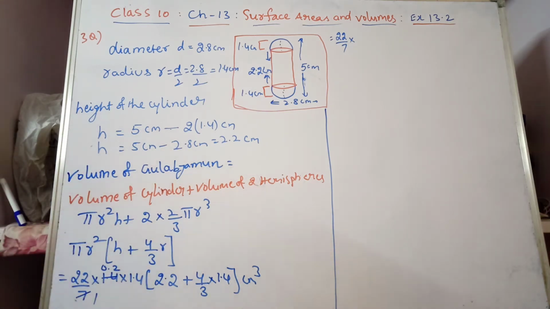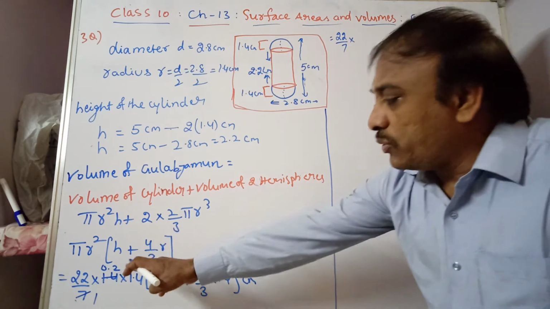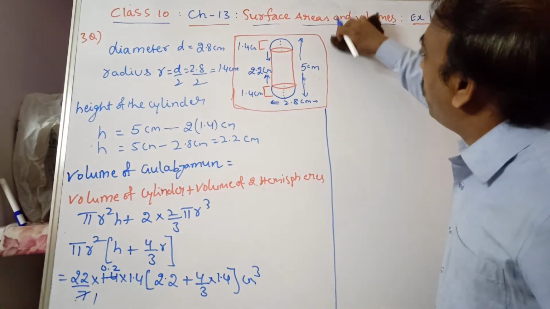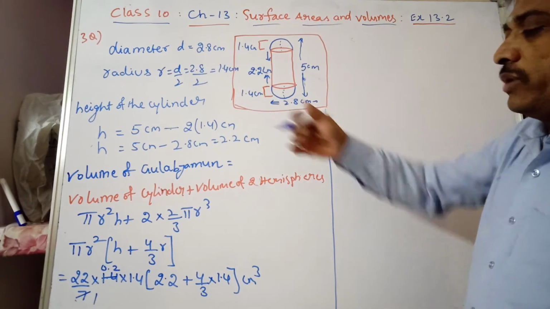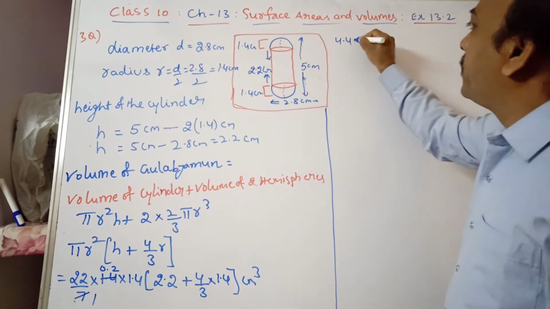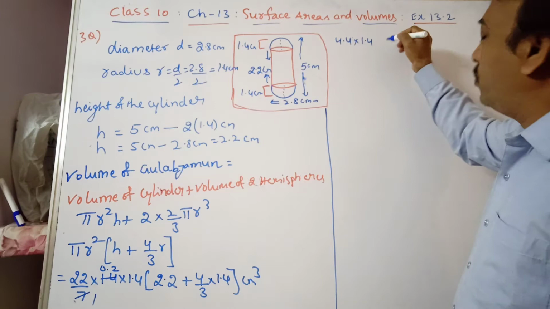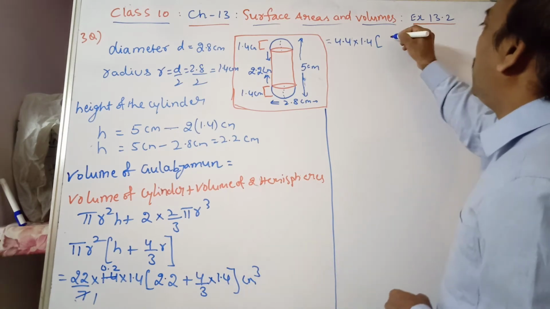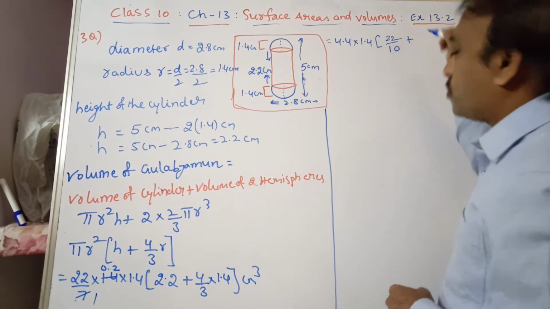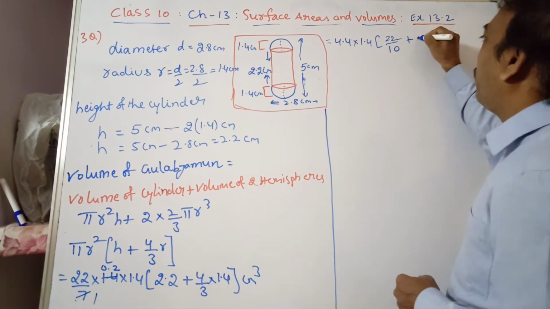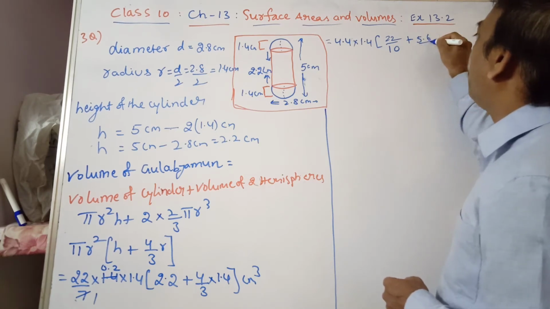Now 22 into 0.2 is 4.4, since 22 into 2 is 44, so I am writing 4.4 into 1.4 into, inside the bracket, 2.2 written as 22 by 10, so that the calculation will be easy. 4 into 1.4 is 5.6, so 5.6 by 3.